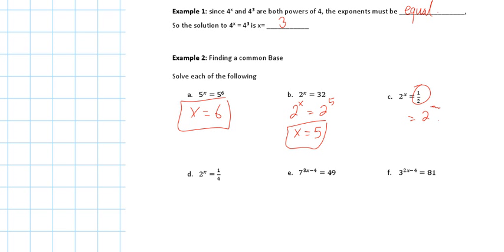You remember, guys, one of the power rules is that if you have a negative 1 exponent, 2 to the power of negative 1 is the same thing as 1 divided by 2 to the power of 1. So what is x equal to in this case?